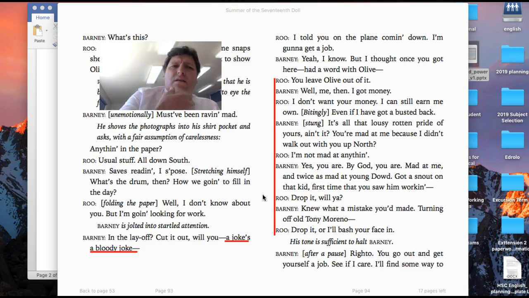It's about the distinctive voice of Roo, and therefore the distinctive voice of the Australian male, how Roo is representative of that. Barney is representative, of course, of another type, the drinker and the alcoholic, and this kind of business that's going on. But Roo's character has a stoicism to him and a dignity that is being deteriorated gradually.